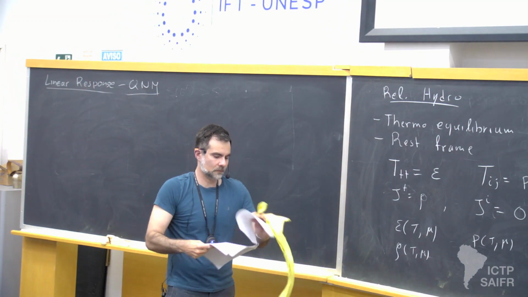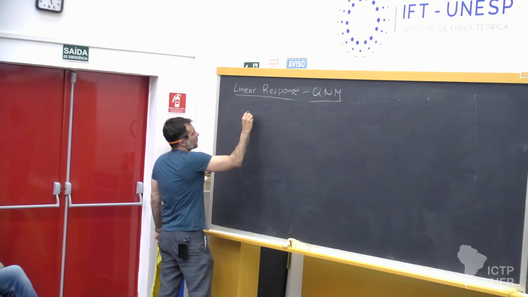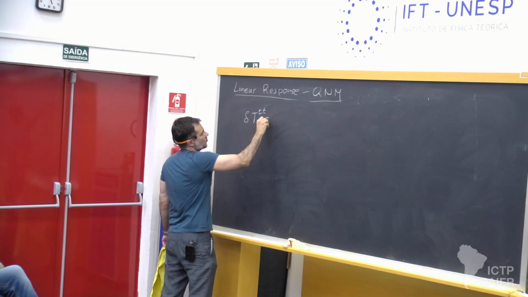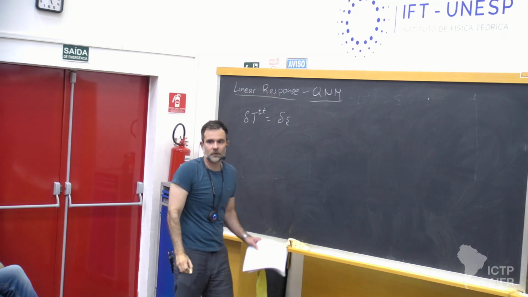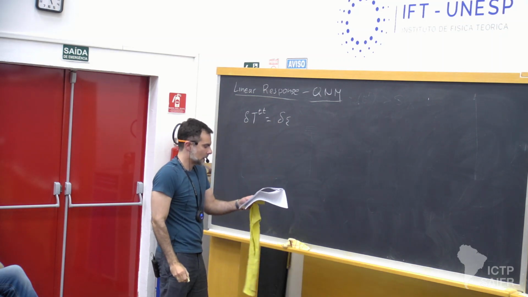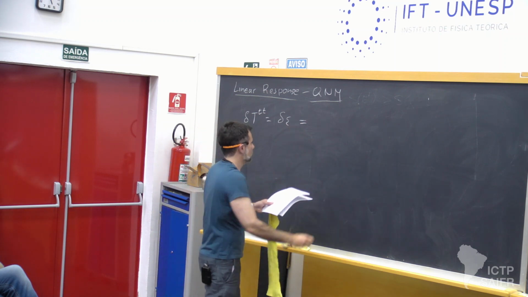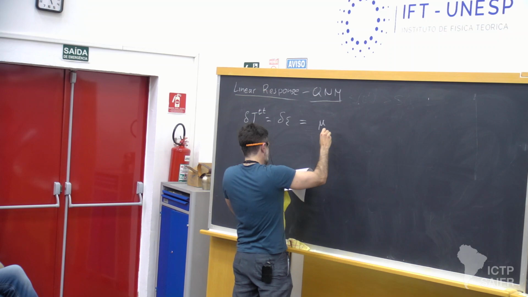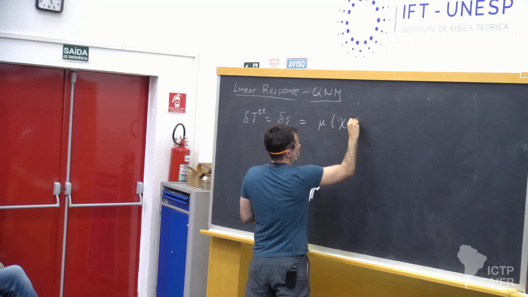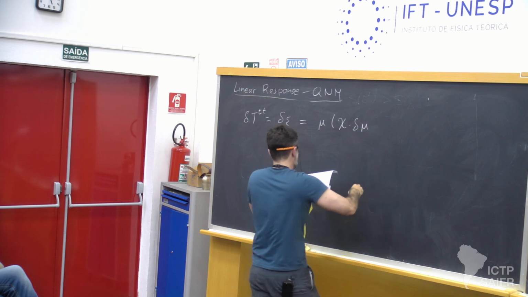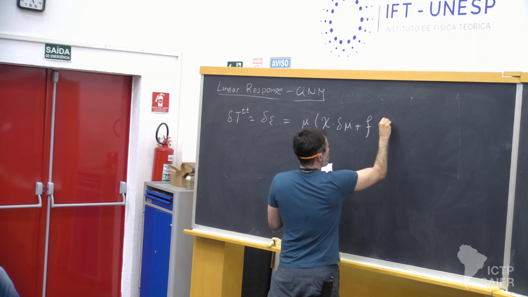Delta T^{tt} would basically be just the perturbation of the energy. And you can use thermodynamic relations to write this as the background chemical potential times the charge susceptibility times delta mu, plus another susceptibility times delta T.